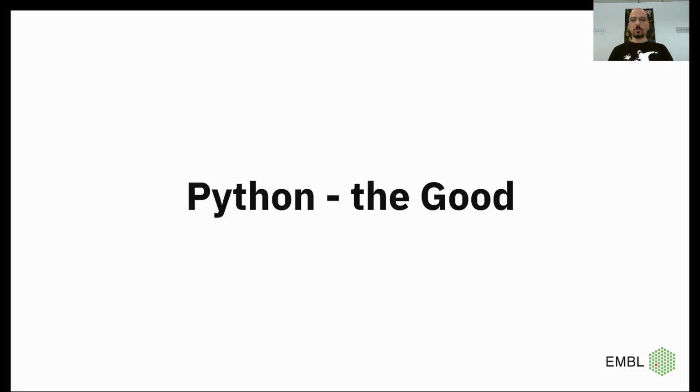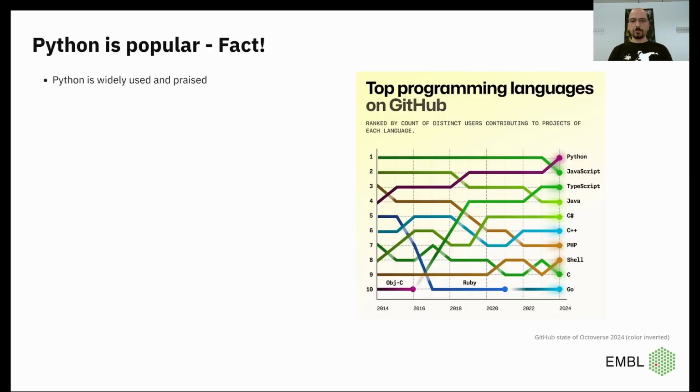So now focusing a bit on the good side of Python. Python is very popular, and this is a very well-known fact. It is widely used and praised, and it has always been at the top of the charts. Here we can see the top programming languages on GitHub, according to their own statistics. And you will notice that in 2024, Python actually made it to the first spot.